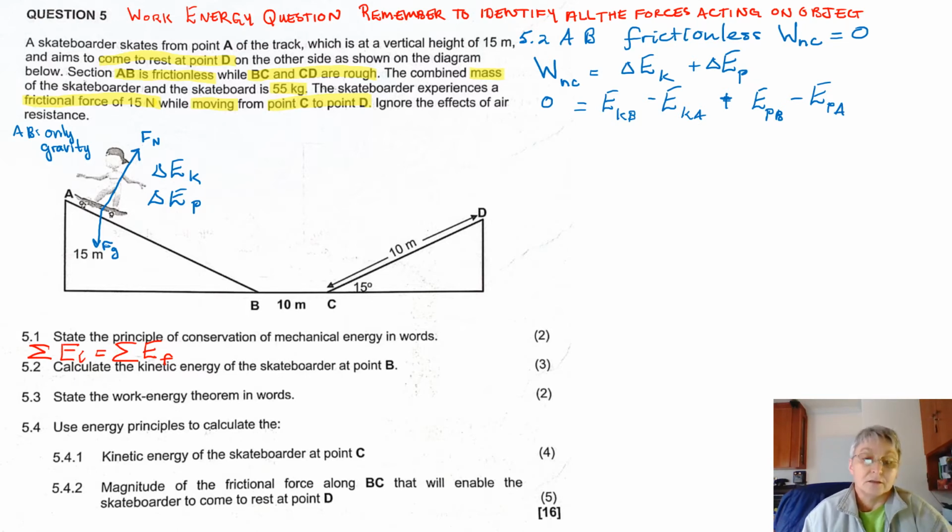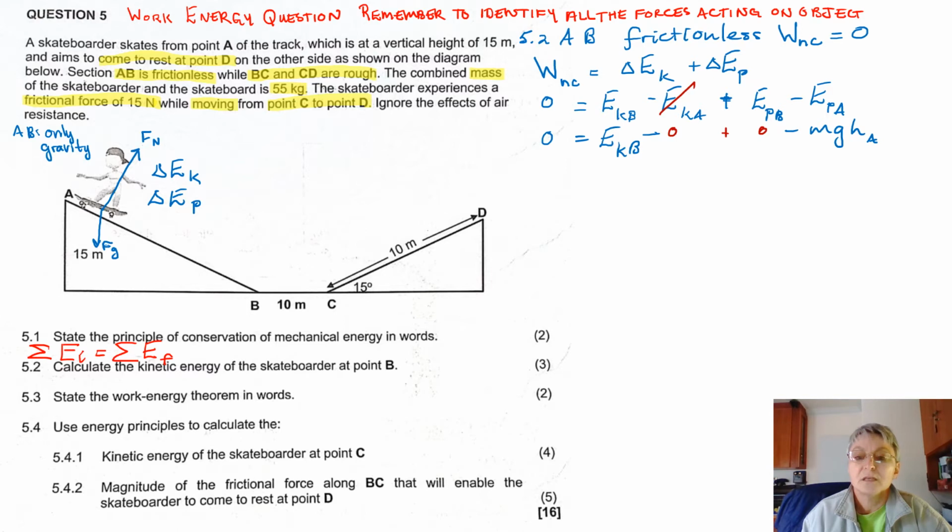Now, I take it that the skateboarder skates from point A, so the kinetic energy at point A would be zero. And I take it that the potential energy at point B would be at its minimum height above the ground, so we will take that as zero. From there, we can say 0 equals EKB minus 0 plus 0 minus mgh_A.